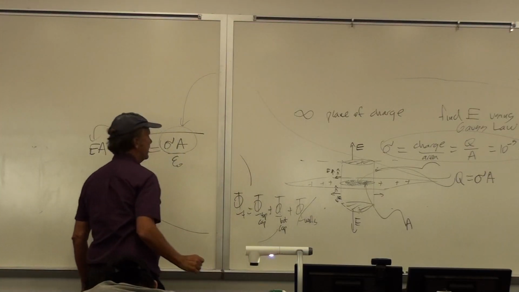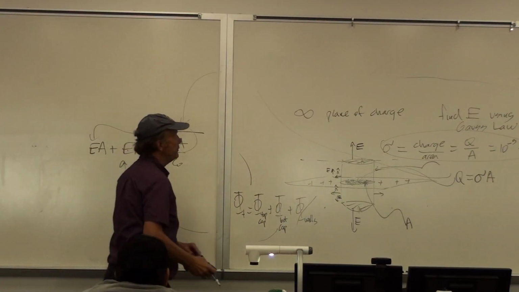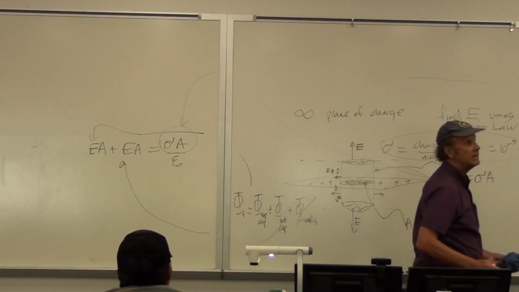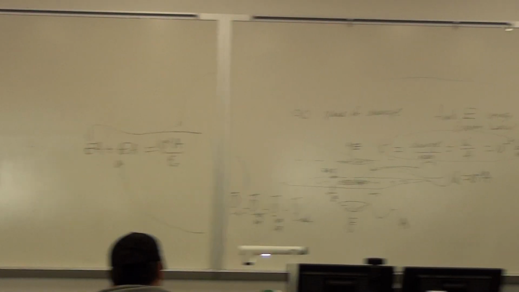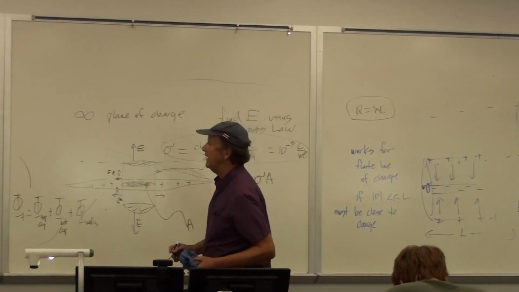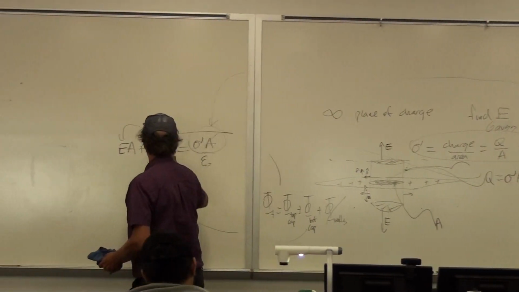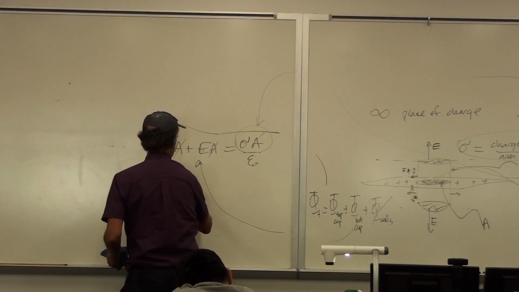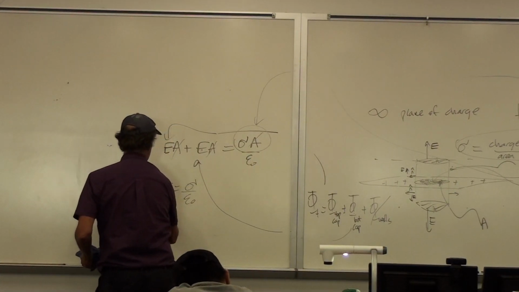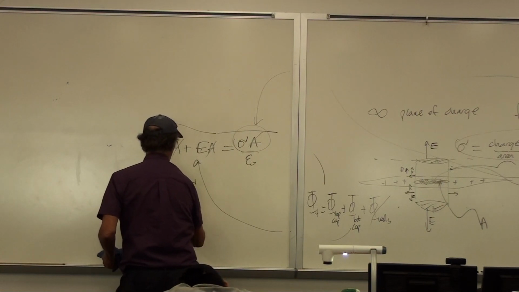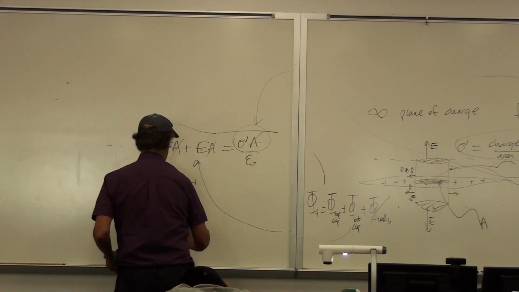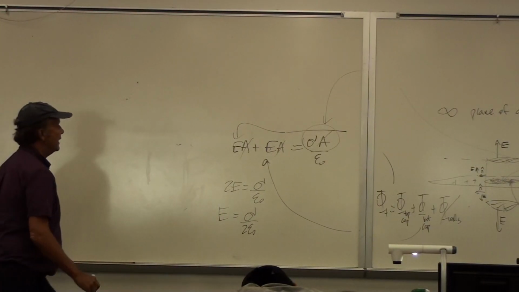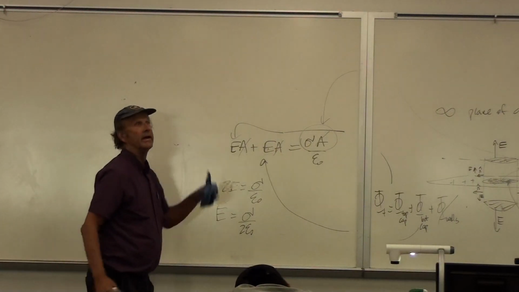And so now I can say, okay, well, the same argument as before. If I need to, I can take the limit as A goes to infinity, but I'm not going to need to because the A's cancel. So when I cancel out the A's, I get 2E equals sigma over epsilon naught, or E equals sigma over 2 epsilon naught. Now, how does that relate to what we got before when we did it the long way?